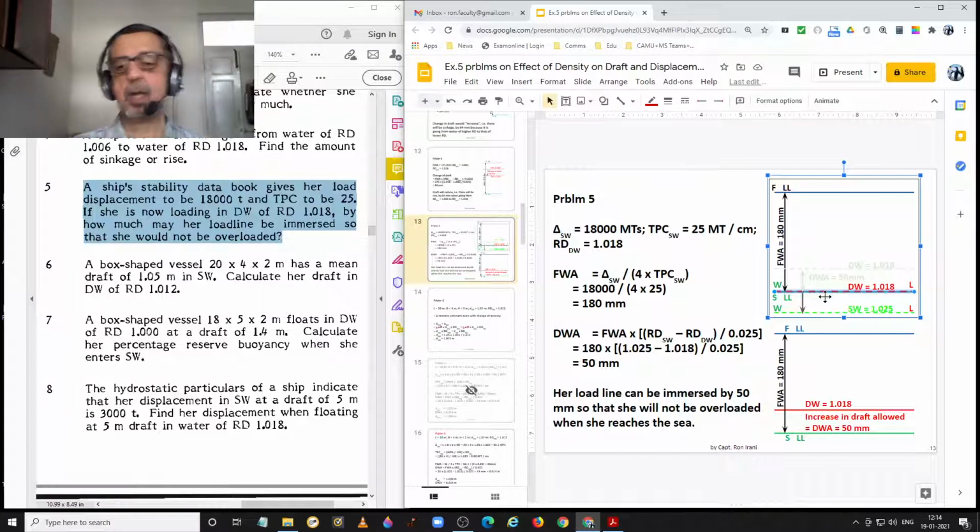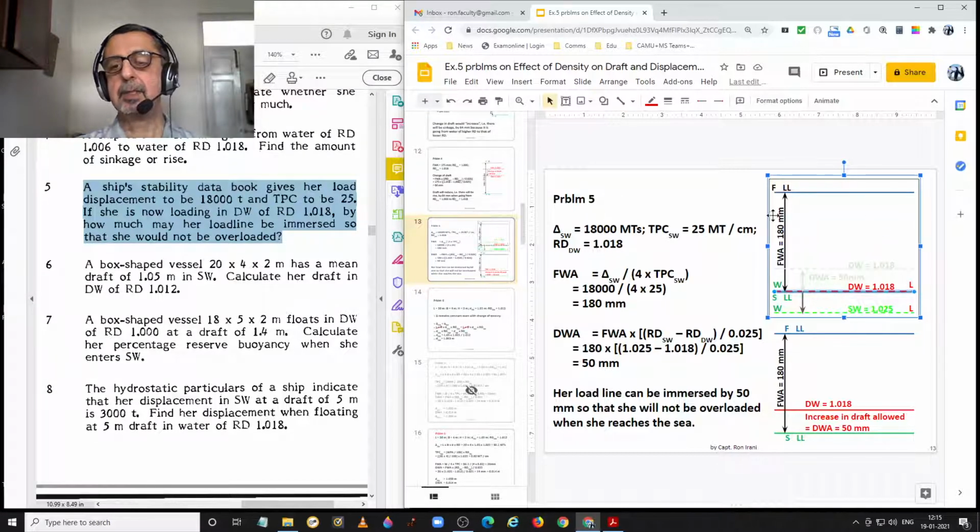So, what is given to us in the problem is that she is floating in water of relative density 1.018 with the top of her summer load line at the water level.